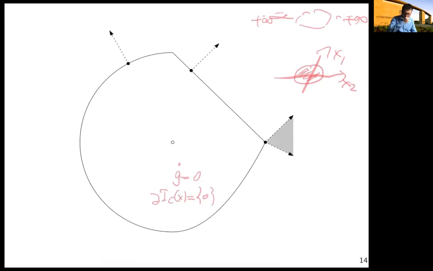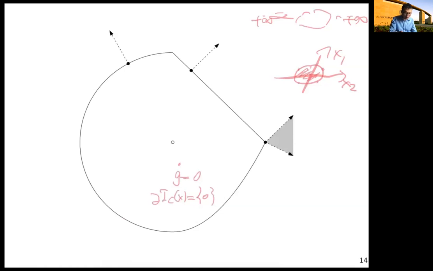So you can see that if you are inside this region, then the only half space that supports everything from below is G equals 0. What this normal cone characterization is saying is that on the boundary, the situation is a little bit different.